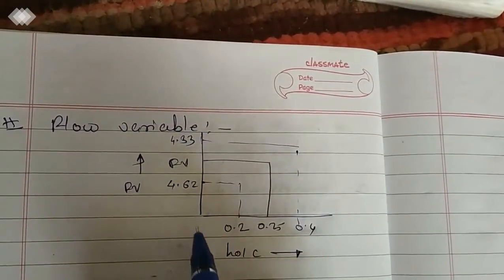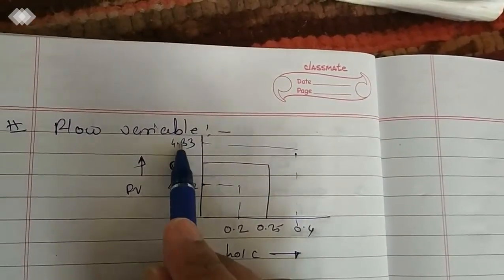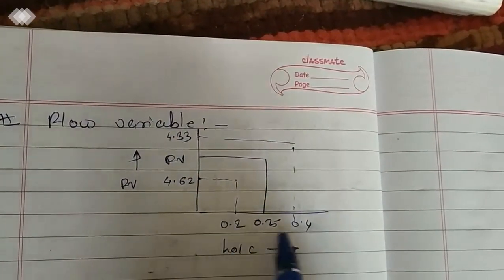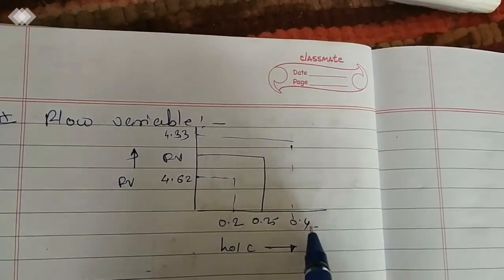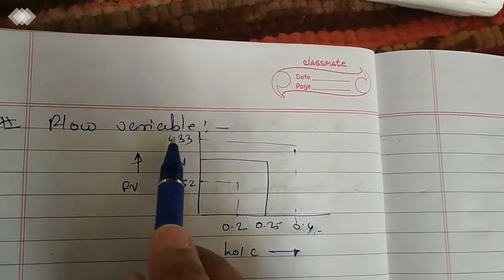As you can see, the flow variable decreases when the H0 upon C ratio increases; when it is high, the flow variable has a low value.